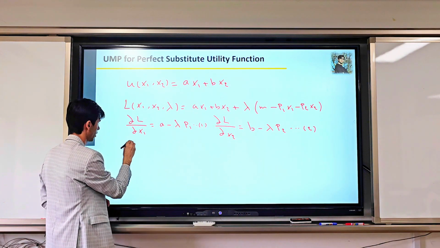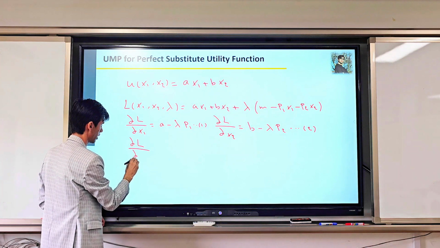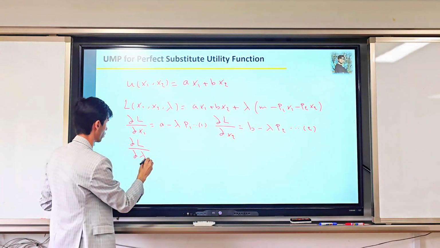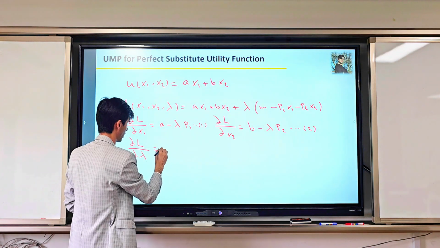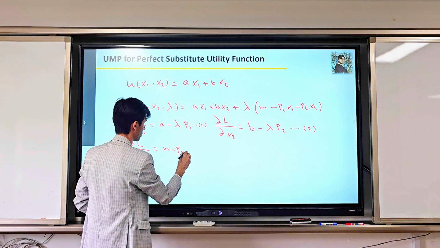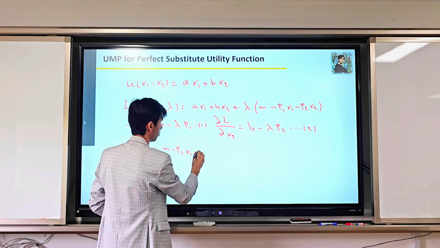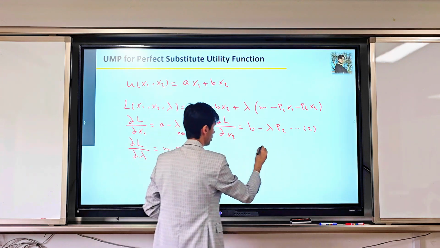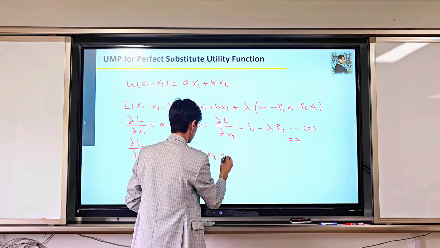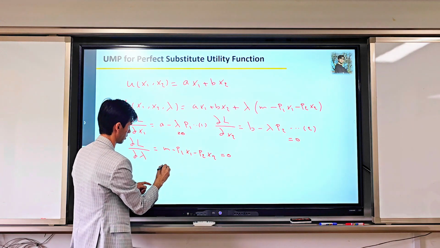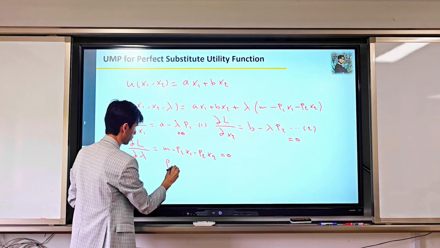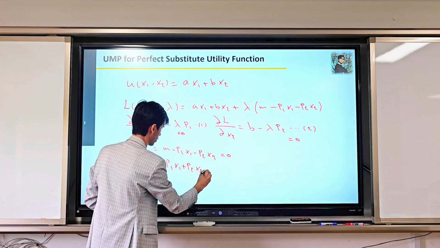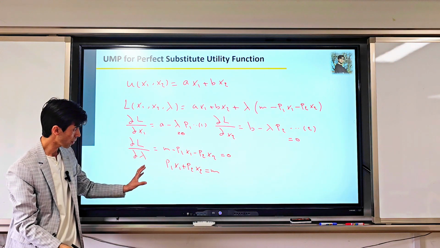And the third one, the Lagrangian in terms of the Lagrangian multiplier, remains m minus p1x1 minus p2x2. So this is equal to 0, this is also equal to 0, this is also equal to 0. The third one becomes p1x1 plus p2x2 equal to m, just our budget constraint.